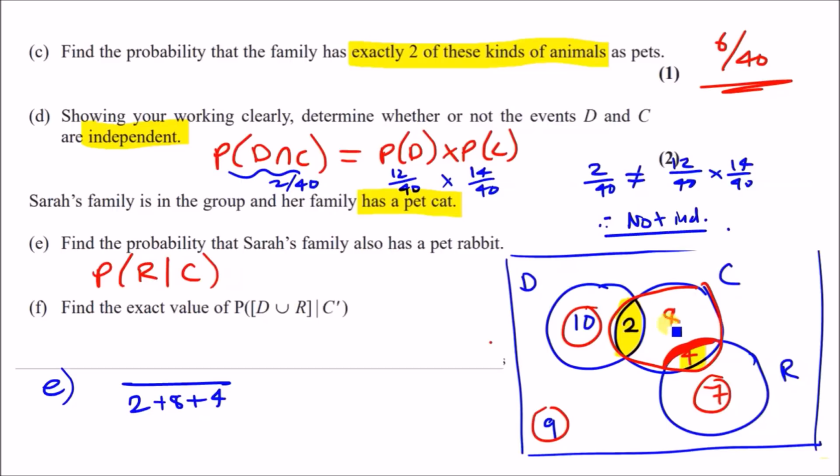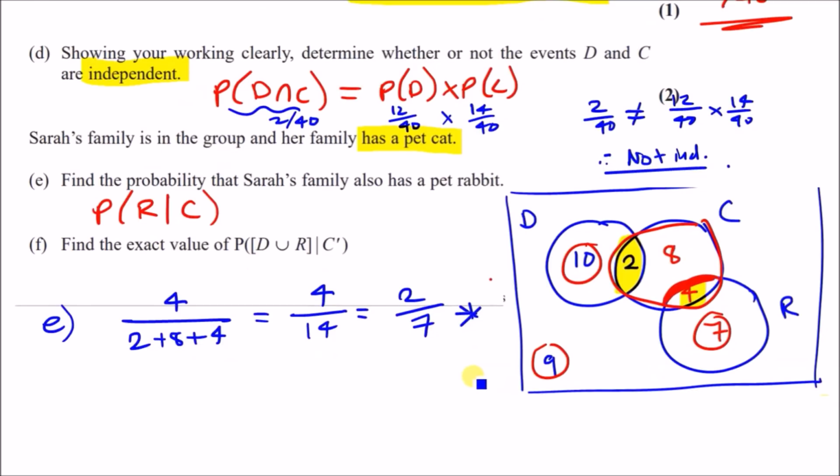So in that circle, the only part which is highlighted for rabbit is the 4, which is this bit here. So you just write 4 on the top, and that's your final answer. So putting this in a calculator, you get 4 out of 14, and this simplifies to 2/7, and that's E done.